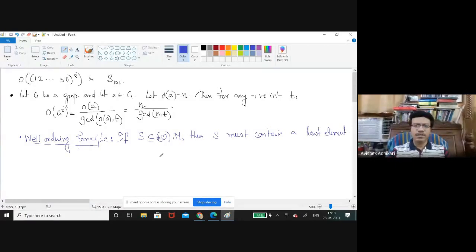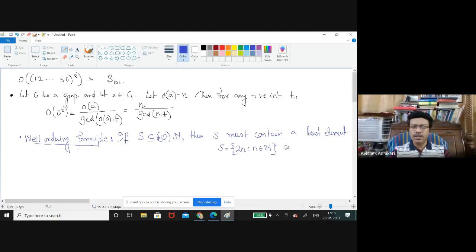What does it mean? If you take any non-empty subset of the set of natural numbers, then it will have a least element. Take any non-empty set S equal to, say, all positive even integers, 2n, such that n belongs to the natural numbers.